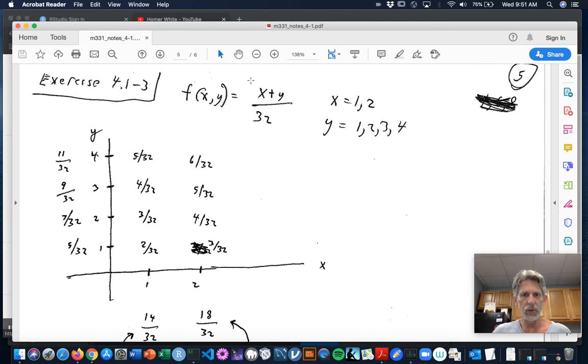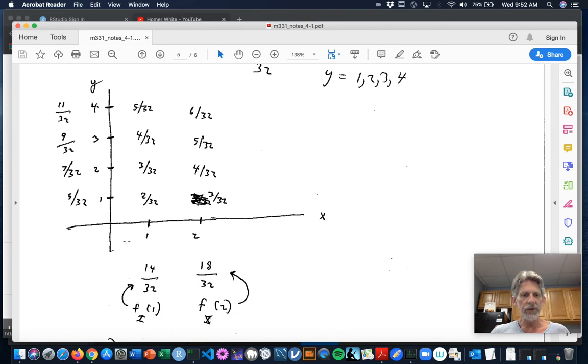So for example, when x is 1 and y is 4, then you get 5 over 32, and so on. I've also gone ahead and summed up for each x the possible y's so as to get the marginal distribution for x, and over here is the marginal distribution for y.